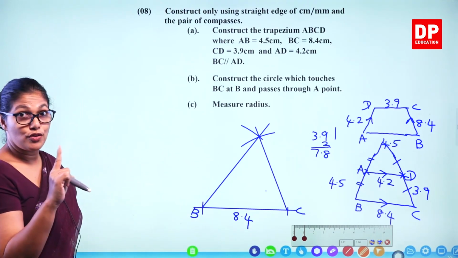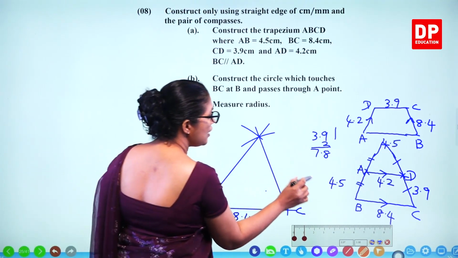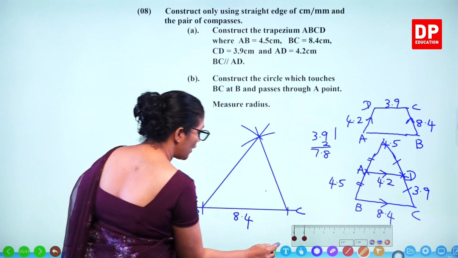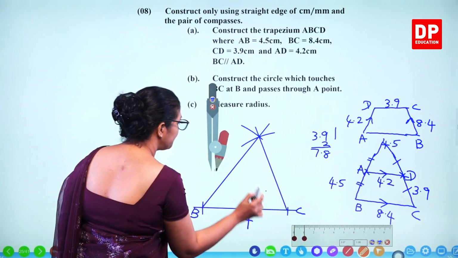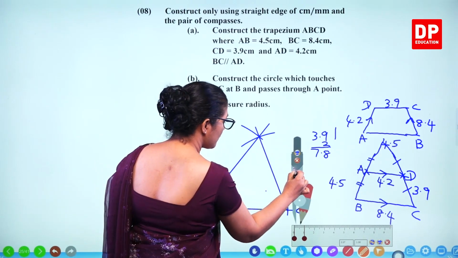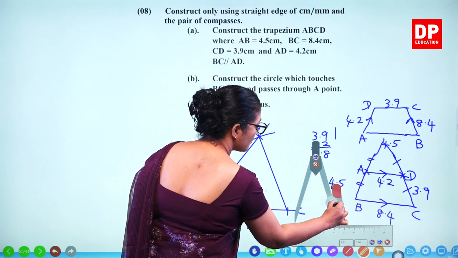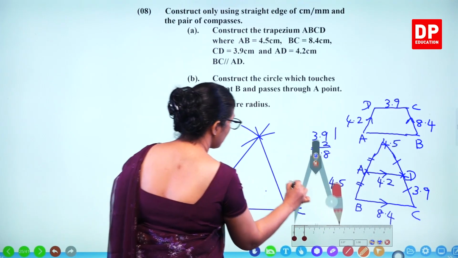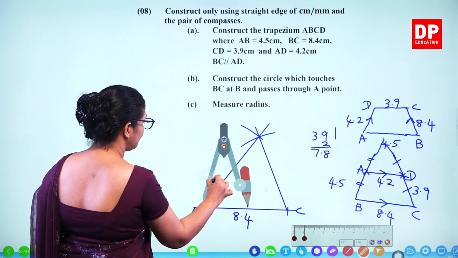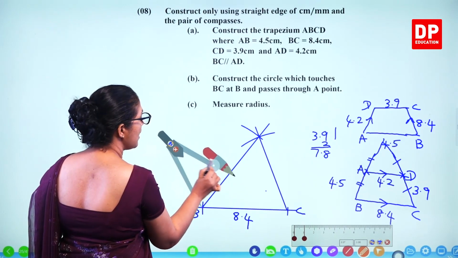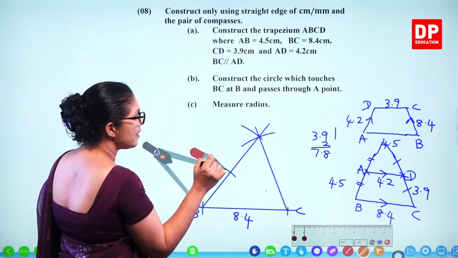Now what we need to do? From here we need to measure half of that. 4.5 from here. That's the A point, and from there 3.9.